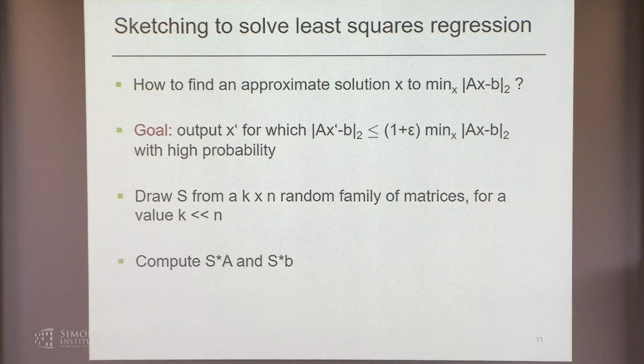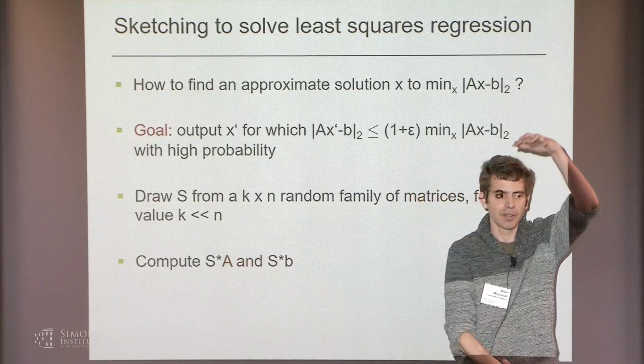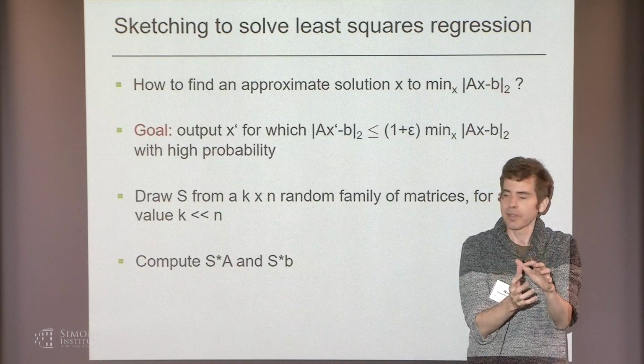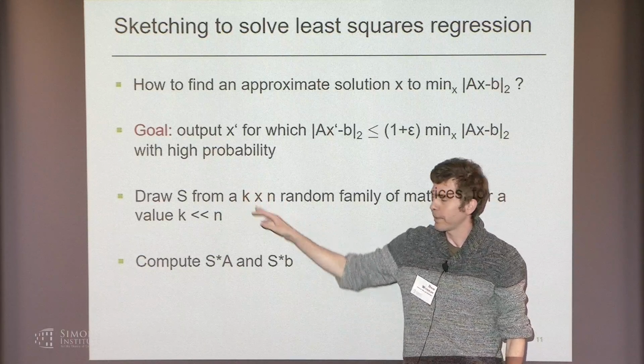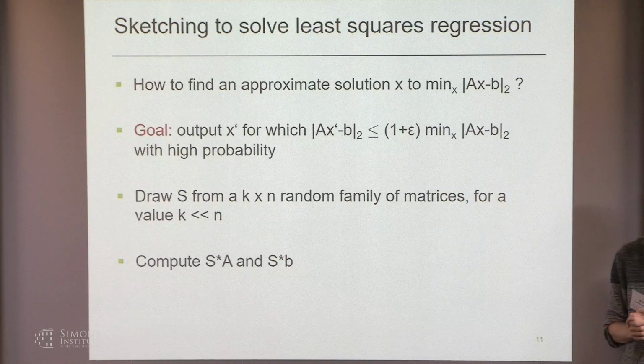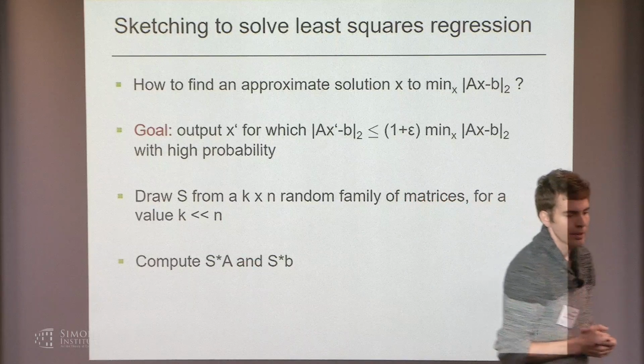Then the idea is to compute S times A, which will squash down this tall n by d matrix into a very small k by d matrix. You can think of this k as being roughly order d, or d over epsilon squared. I'll specify it more precisely in a moment. But roughly S times A is a small squarish looking matrix.